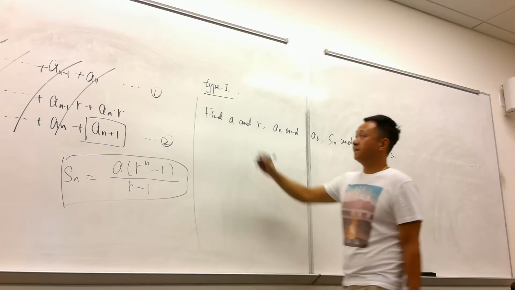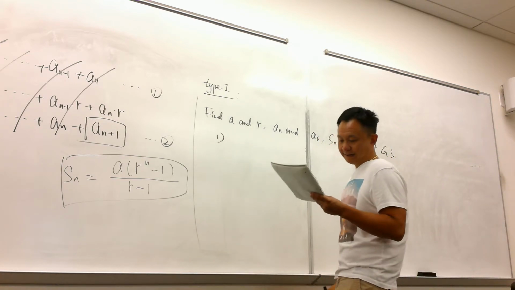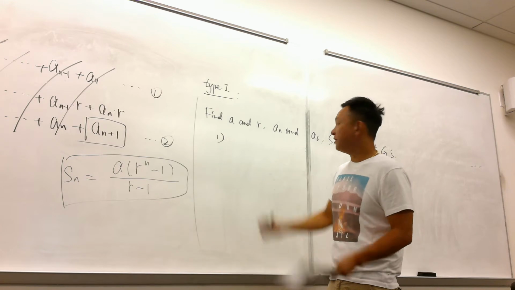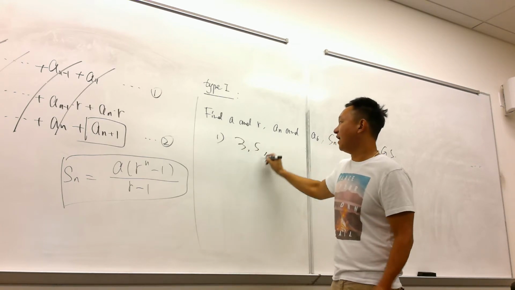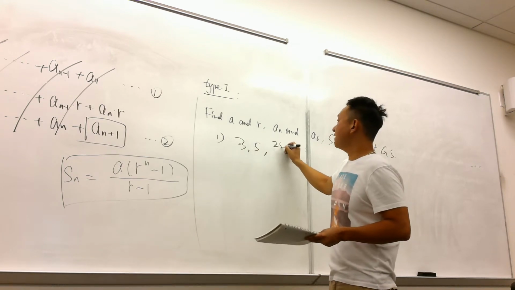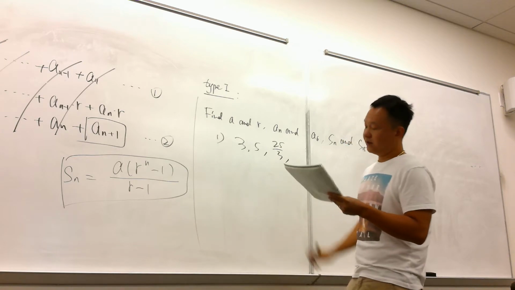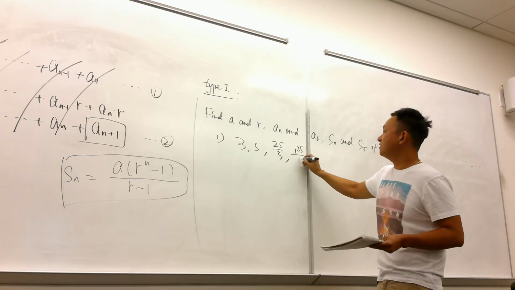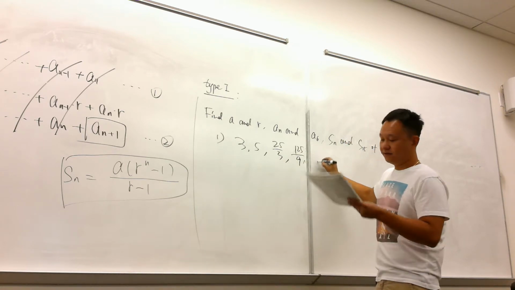The first one I want to do is 3, 5, 25 over 3, 125 over 9, and then keep going.